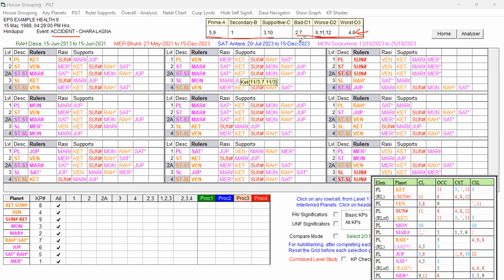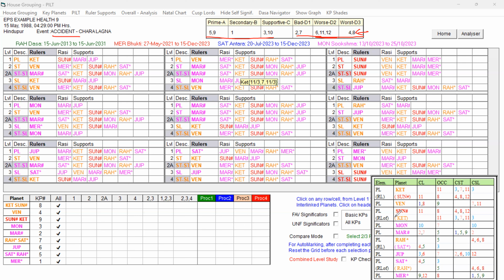Though they are favorable to the event of accident, they are shown under the unfavorable D1, D2, D3. So red color houses are indicating trouble to the Lagna, and they may be favoring the event of accident. I think you're able to understand.